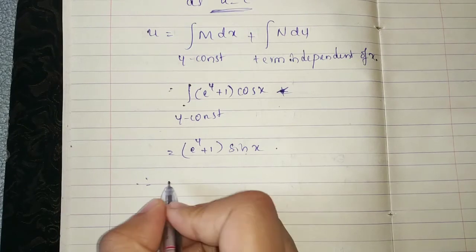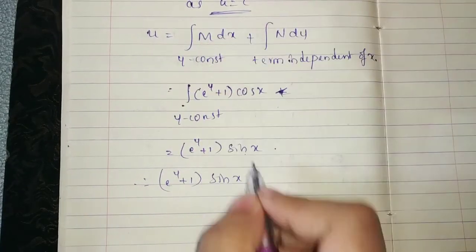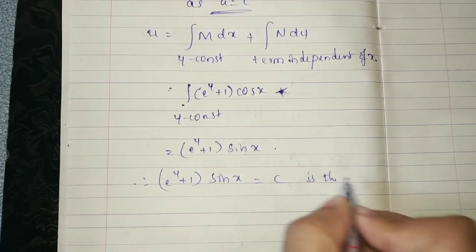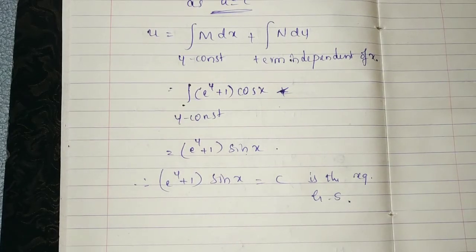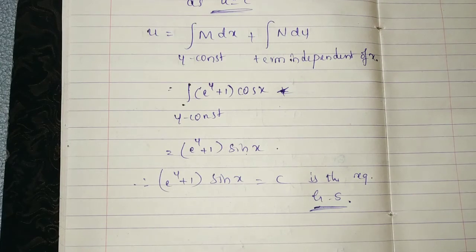So (e^y + 1) sin x = c. u = c is the required general solution. Like this we solve the problem, and c is an arbitrary constant. Am I clear?